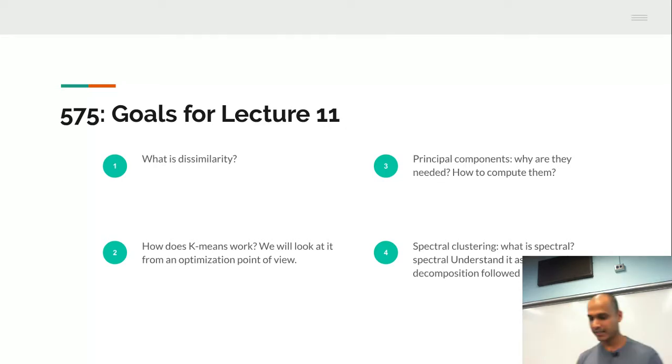The third goal is to understand principal components. I think there was a part in lecture 4 which discussed a way to understand what ridge regression does. What does it do with the data matrix that's the input, at least on the training data?